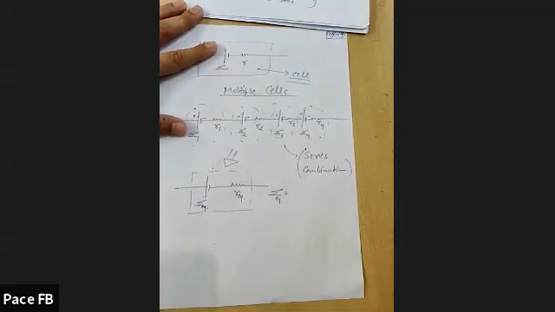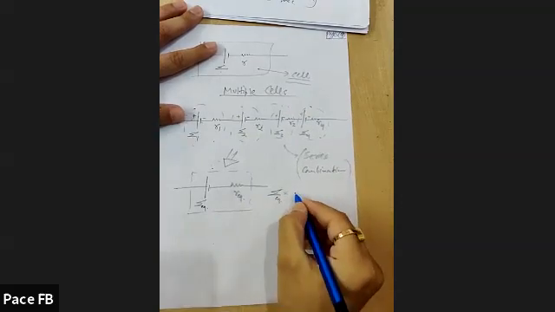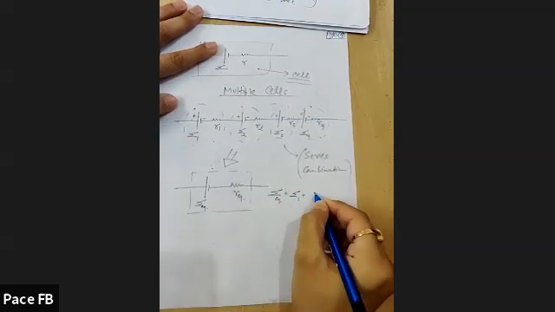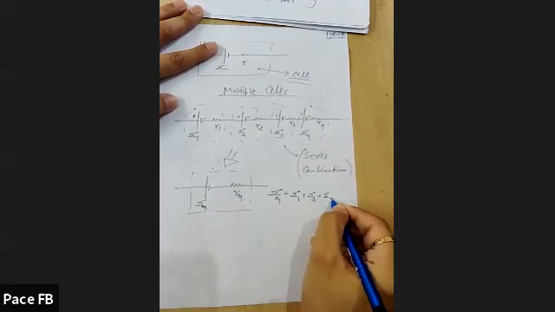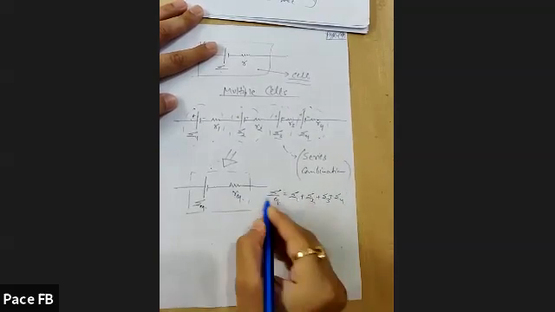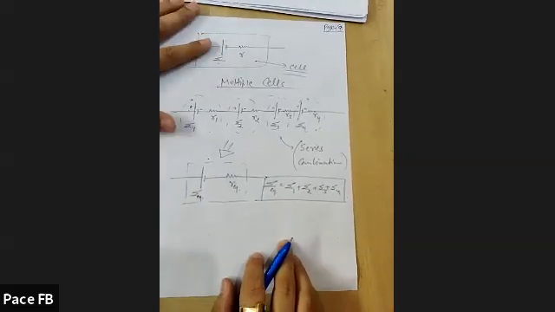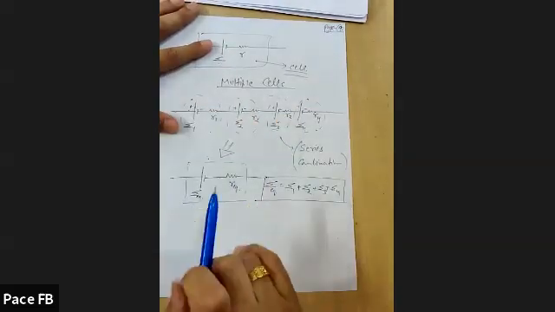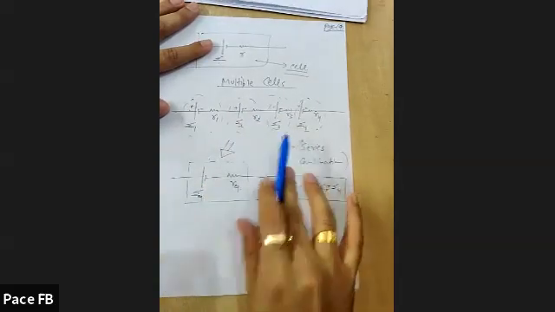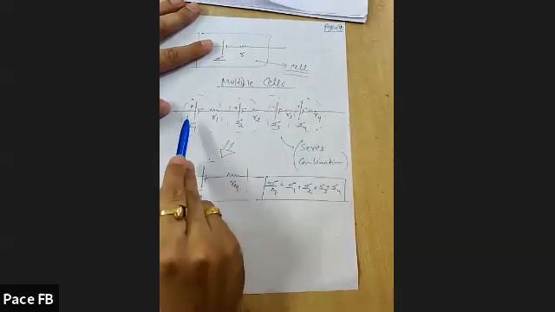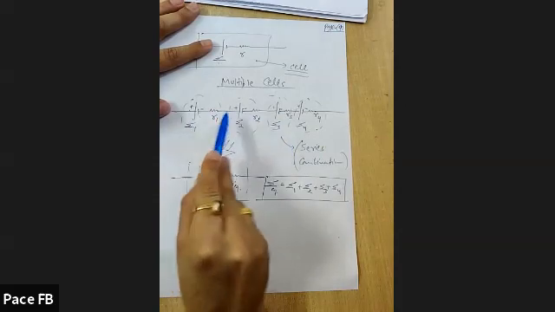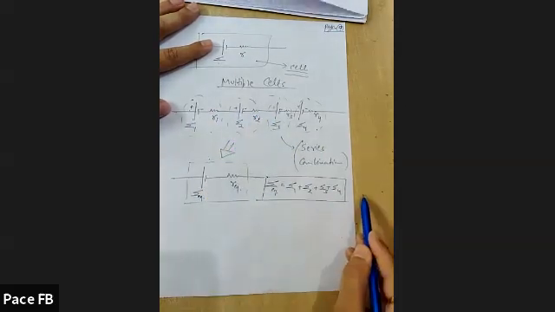E equivalent would be equal to E1 plus E2 plus E3 plus E4. This formula is valid only when multiple cells are connected in series, and in series means the alternate terminals, positive, negative, positive, negative, then only you can add.